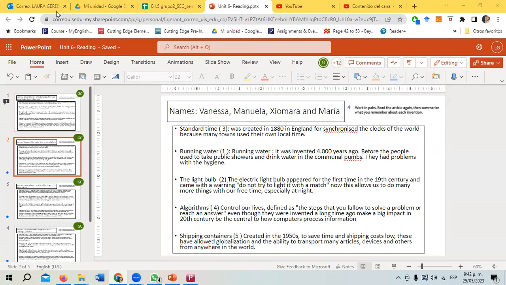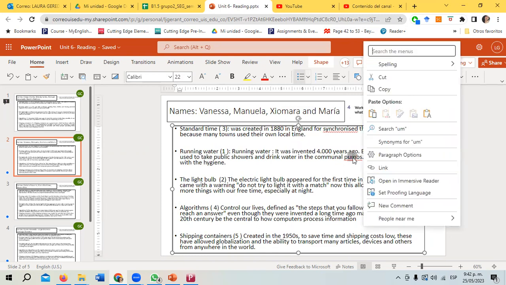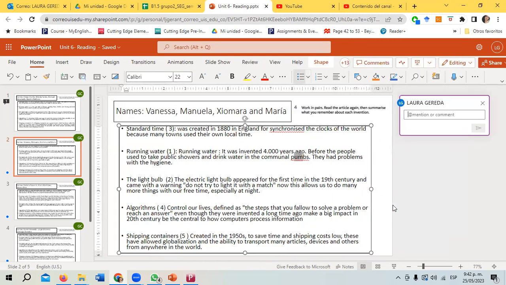Okay, teacher. First, we were discussing the basic needs. So we chose two of them, the running water and the light bulb. And then we chose standard time because we think it's important for doing the other things like the algorithms and the shipping containers.